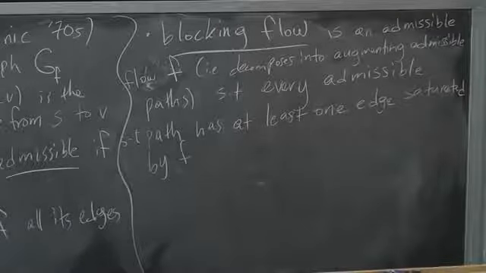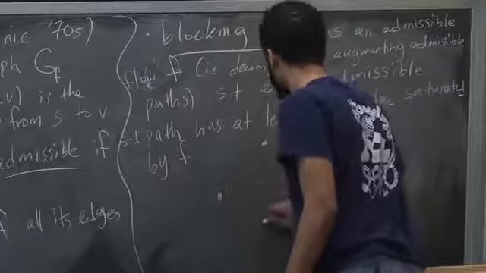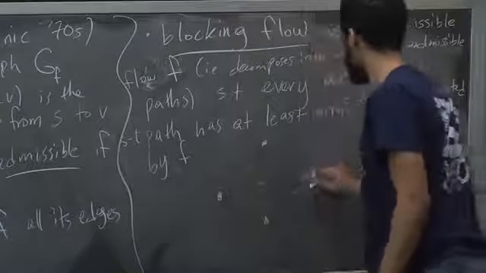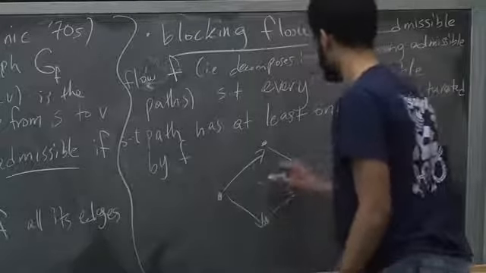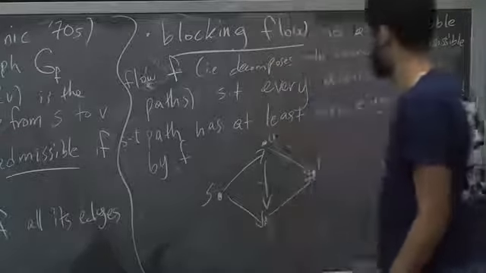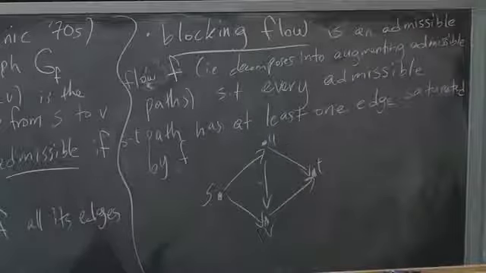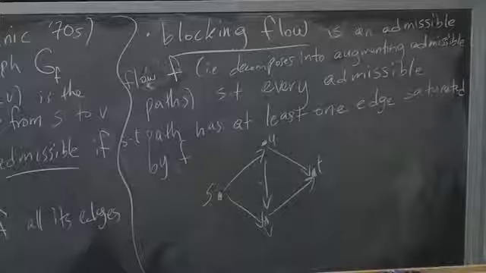So, just as a toy example, let's pretend that this is our current residual graph, and let's say all these edges have unit capacity. Which of these edges are admissible and which are not admissible?